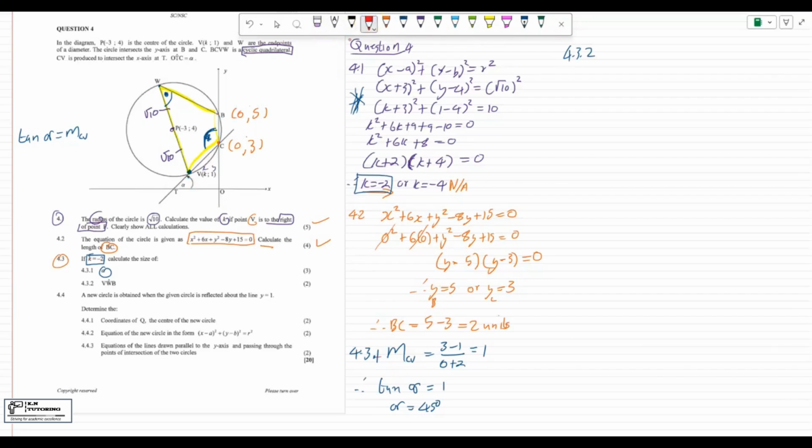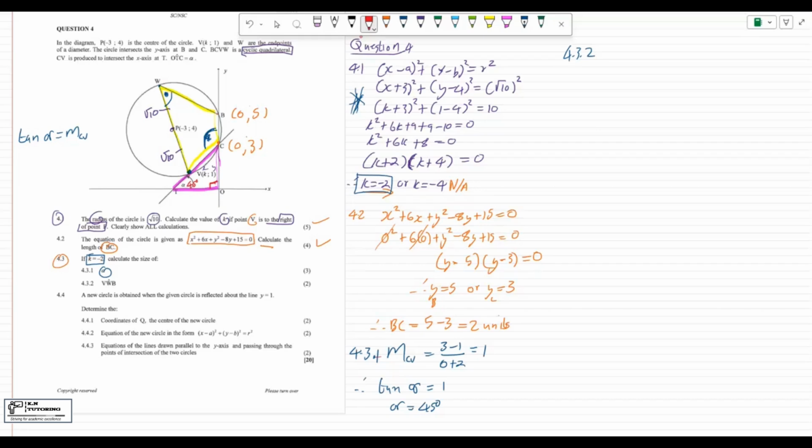Remember I found that this angle is 45. Now, if you look at this triangle, here you have to be creative. So if that is 45, and we already know that this is going to be 90 because that's the origin, so this angle is going to be 90 minus 45.